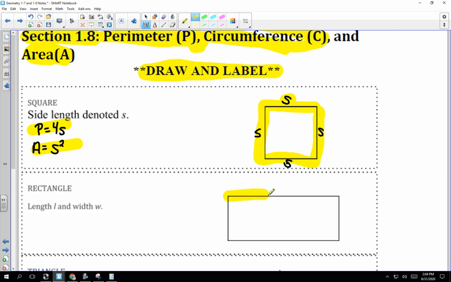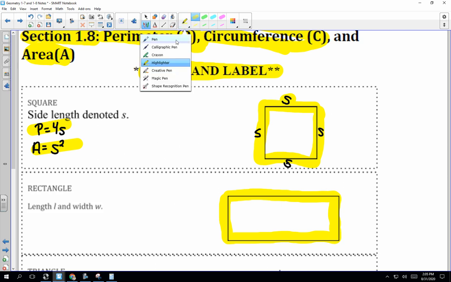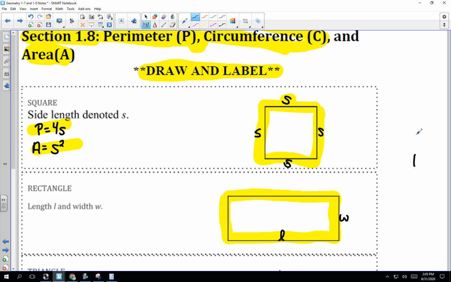Okay, our next friend is a close relative of the square. He is the rectangle. He has 4 sides, each with a 90-degree angle. We typically mark a rectangle as length with a lowercase cursive L, and then a width. The reason we do the lowercase cursive L is because a regular L looks like a 1.